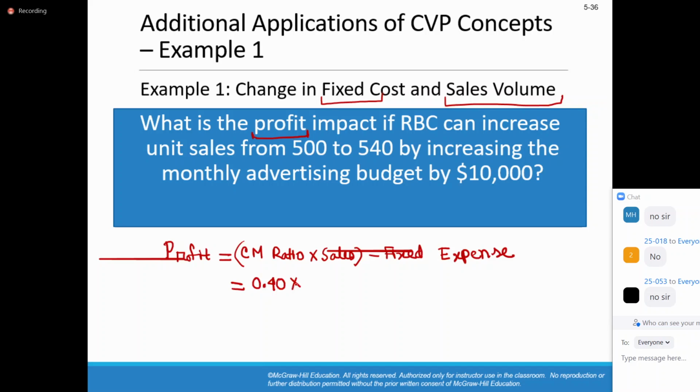Multiplied by our total sales, which should be 540 units multiplied by selling price. What is our selling price? 500. Now, can you please mention what should be the value if we multiply 540 units by 500 selling price per unit? $270,000. Yeah.